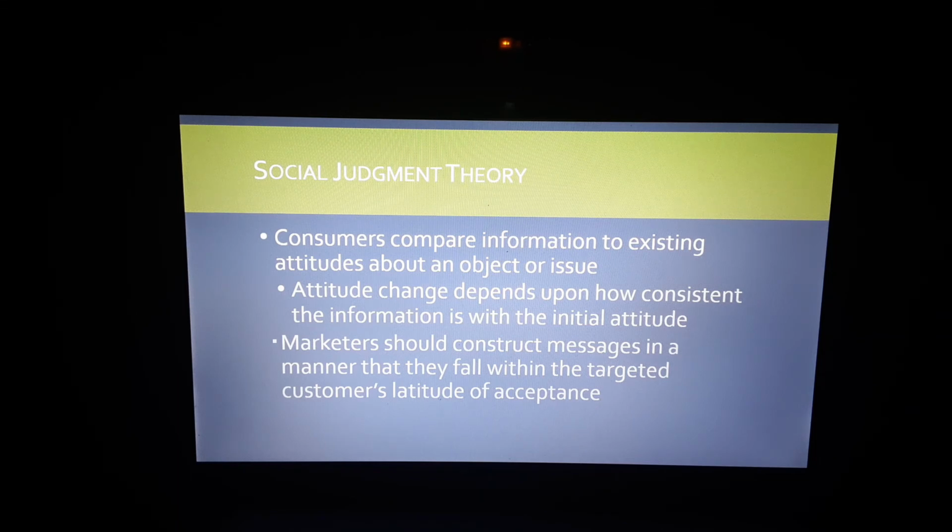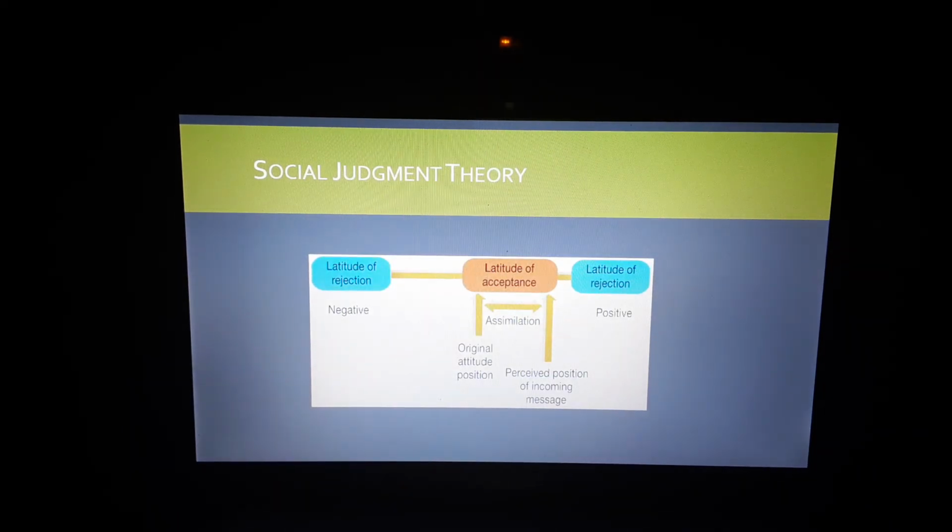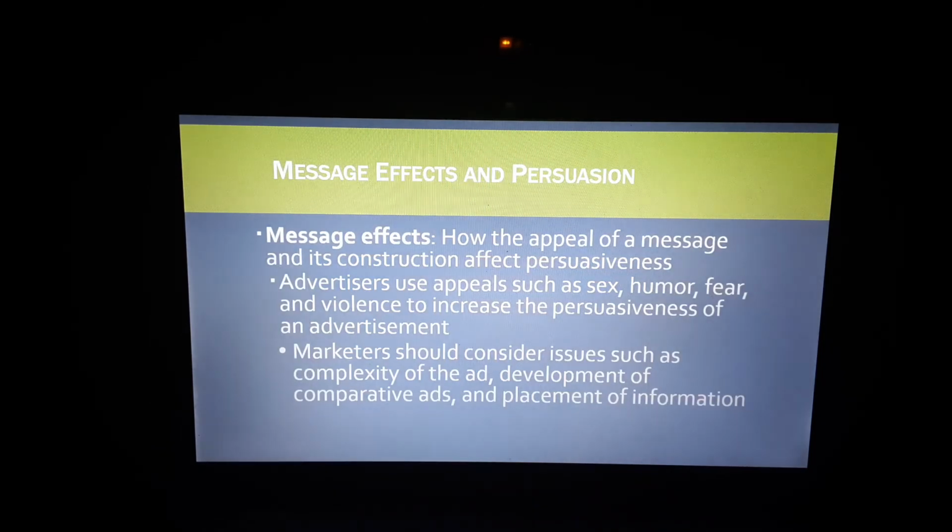And it's important to understand your target market and what it is that they're willing to accept, what their latitude of acceptance is, and provide a product and a message that falls within that latitude. So there you go. Negative versus positive, but you want to make sure that you're someplace in the middle there.